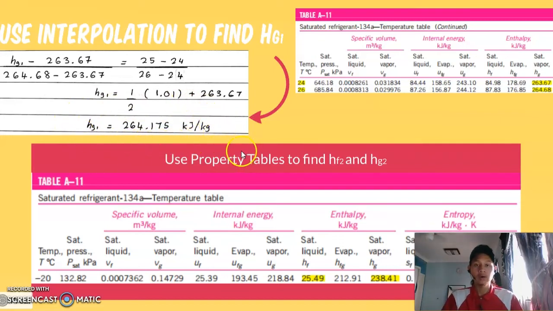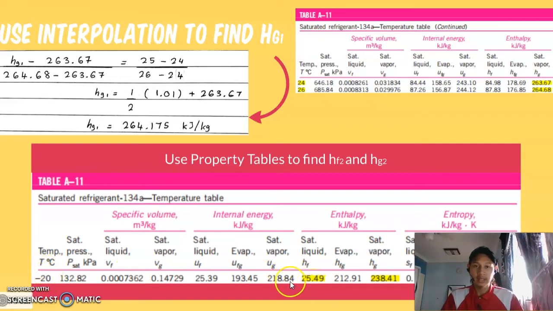Next, how do I find HF2 and Hg2? This is very simple because we just take the value from the property table. So for the final state, the temperature is negative 20 degrees Celsius.